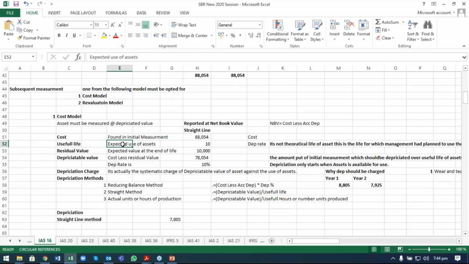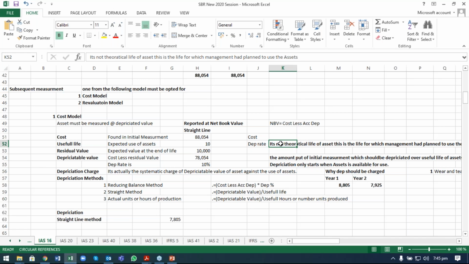Useful life is the expected use life of an asset. There is a theoretical life of an asset. That means this asset can be used for the next 20 years, but management has planned to use this asset for the next 10 years. So what would be the useful life? It's not the theoretical life of an asset. It is the expected use of an asset that management wants.